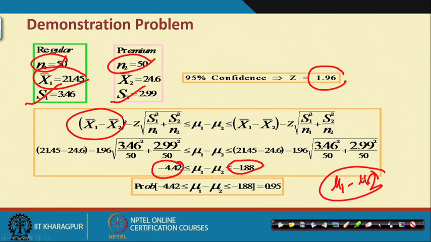This is similar to the case we discussed in inferential analytics 1, but here we have two different samples. That is why the confidence interval is created by taking the difference between the two samples, and depending on the confidence level we fix, we can create a confidence interval, that is, the structure of 1 minus alpha.